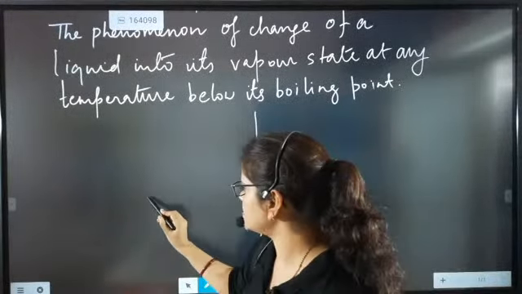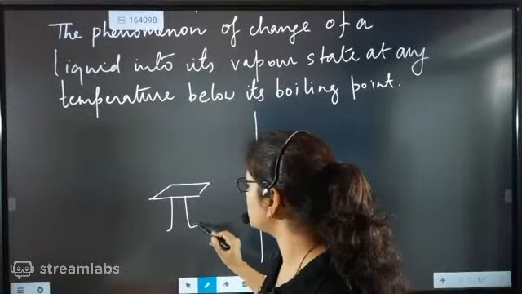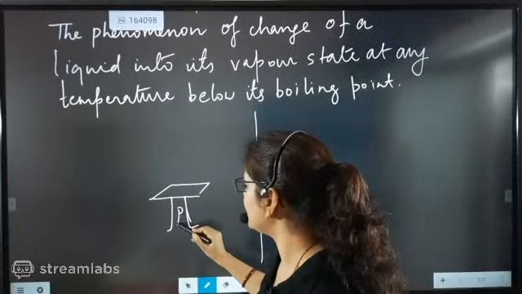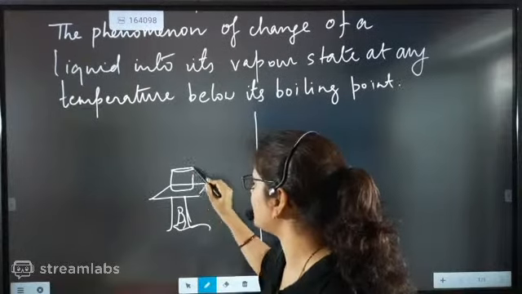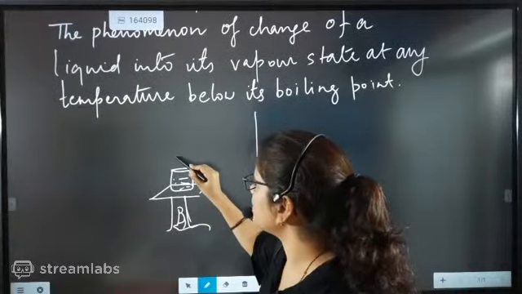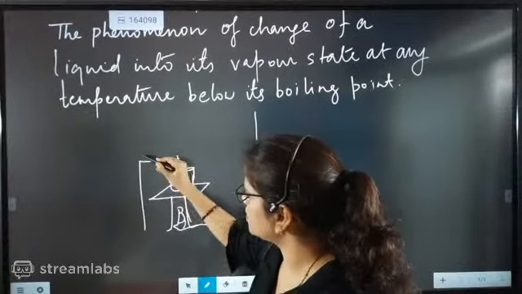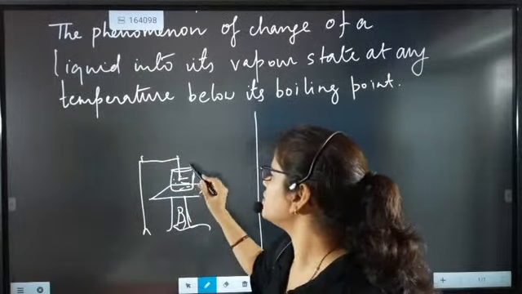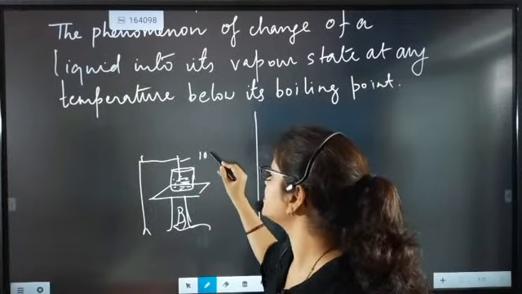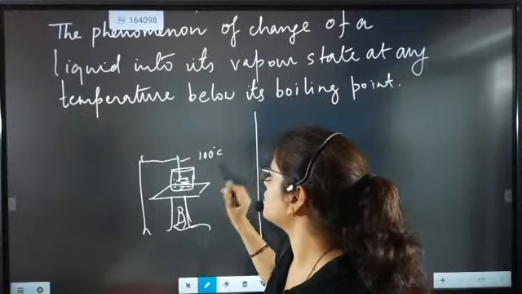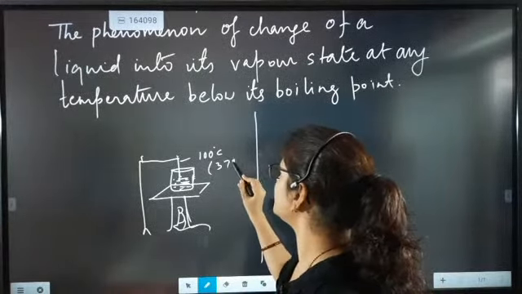In the first case, we took a tripod stand and a wire gauze, and with the help of a Bunsen burner we started heating a beaker containing water. We fitted a thermometer with its bulb constantly inside, held with a stand. In this thermometer we saw that the temperature reached 100 degrees Celsius, or 373 Kelvin.